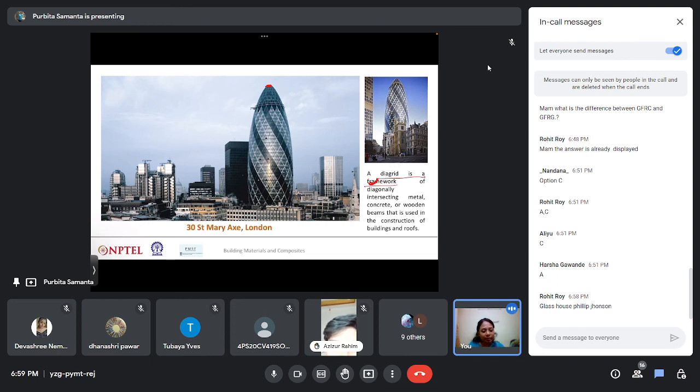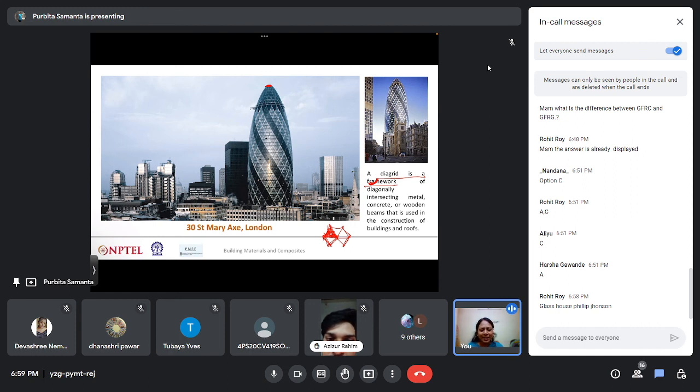The diagrid is a structural framework, mostly made of steel in the high-rise buildings that we see, where the framework diagonally intersects, so it looks something like this, and the glass is fitted in. In this manner, if you keep on putting it, you can give it any shape you want.